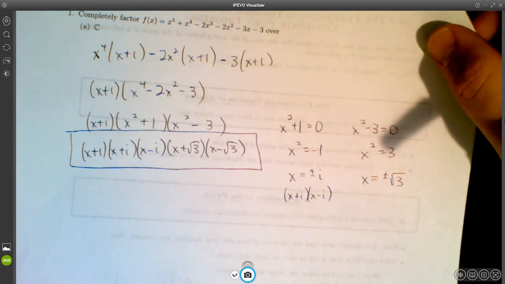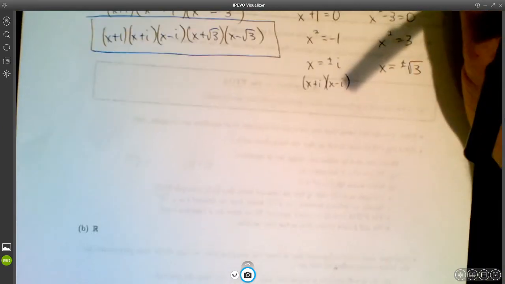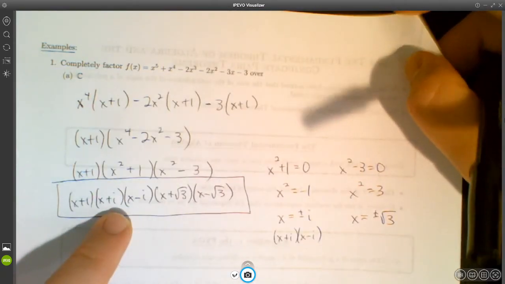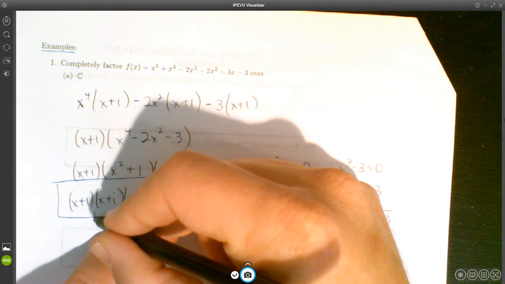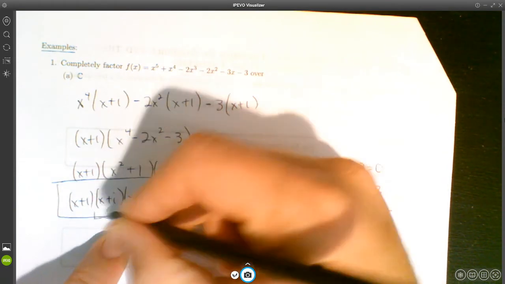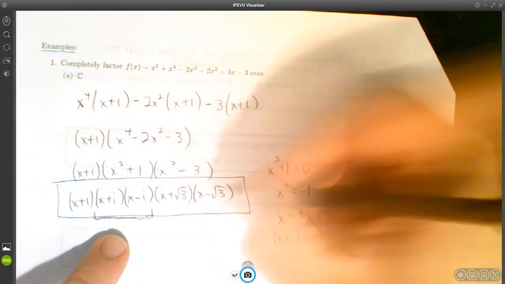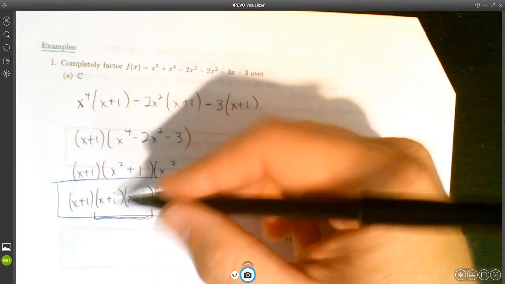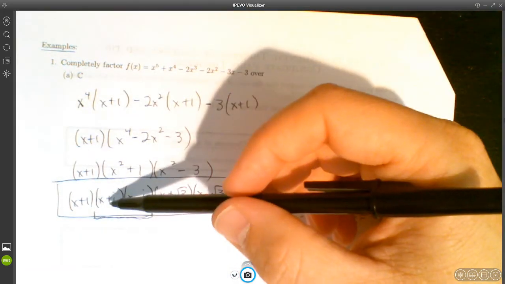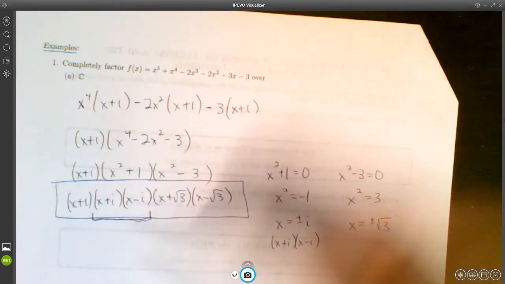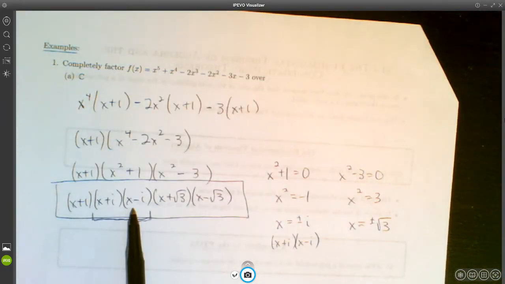So now, if we wanted to factor over the reals, what that means is that we're not allowed to have complex coefficients. So in particular, these two factors are bad, right? There's nothing wrong with the square root of 3, that's a real number, but i is not real. And so if we're wanting to factor this just over the real numbers, then we need to recombine these two factors so that all of our coefficients are real.